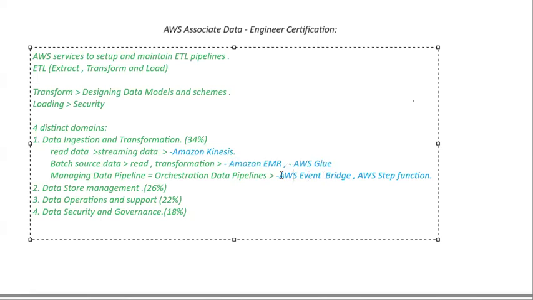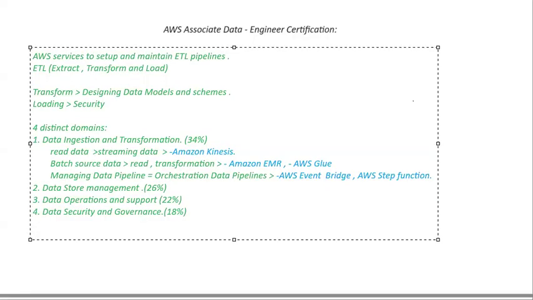And to manage your data pipeline, you need to learn AWS EventBridge and AWS Step Functions. These are the things you need to learn for the first domain of the certification, which is 34%. You must have a grip on all these services.